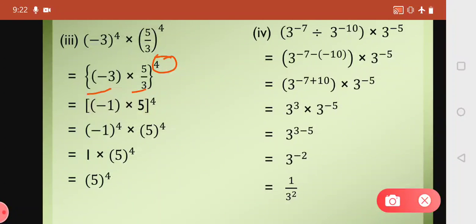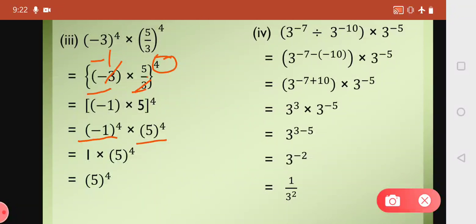On further simplification, as you can see, we can cut 3 ones and 3 minus ones. So we will get (-1 into 5) whole raised to 4. Again we will split the powers, that is (-1)^4 into 5^4.